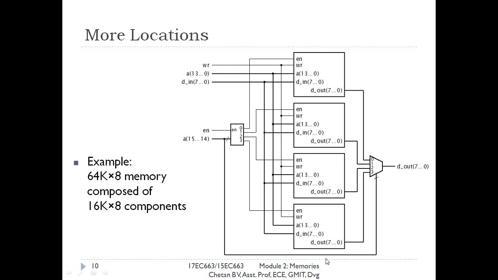The select line of the multiplexer is connected to the input of the 2 to 4 decoder. This input is of size 2 bits, and this is an optional enable for the 2 to 4 decoder. As I said, we require n minus k bits of address.